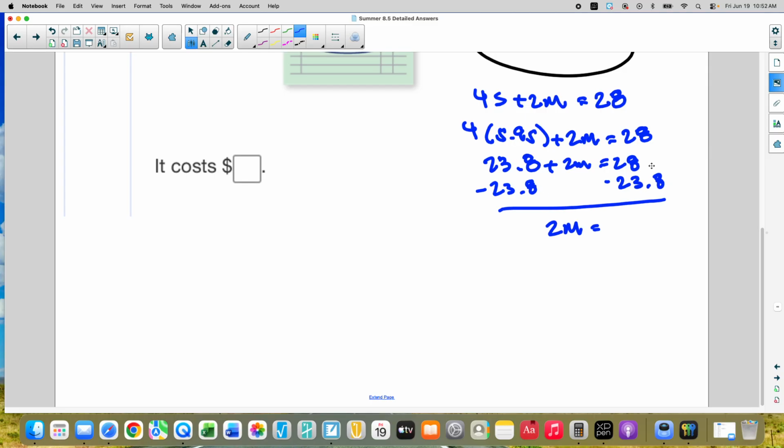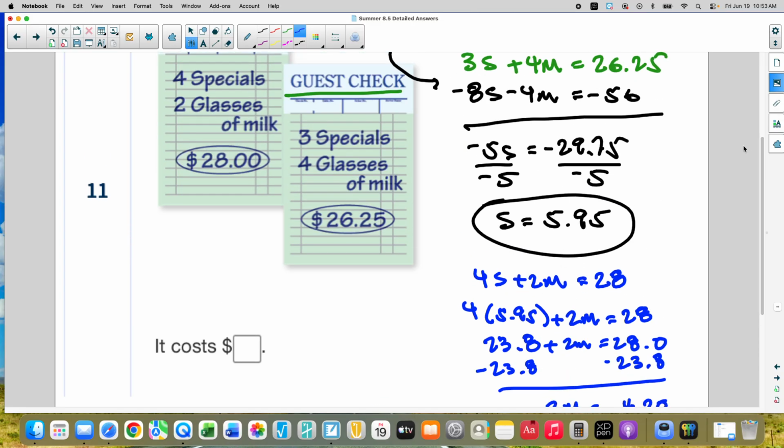2m, 2 milks equals, that's going to be 2, borrow, that's going to be 4. So $4.20 divided by 2. So each milk costs $2.10.